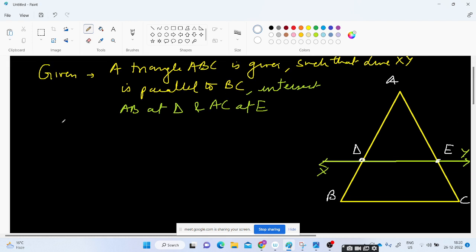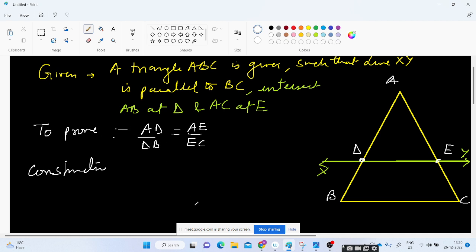Now what you have to prove is AD upon DB is equal to AE upon EC. This you have to prove. Thereafter there is a construction.